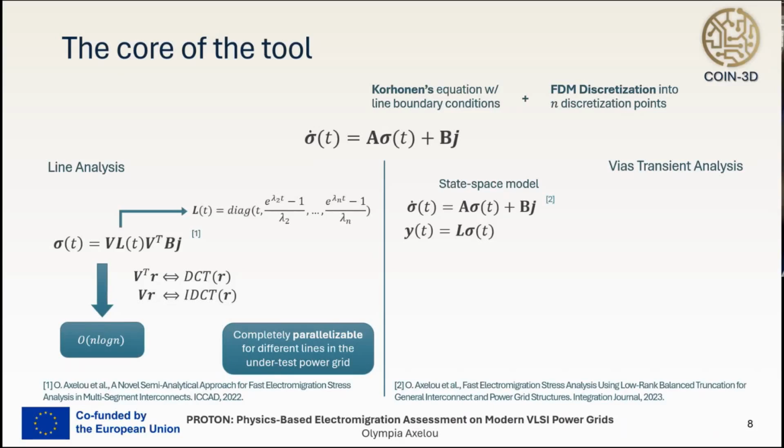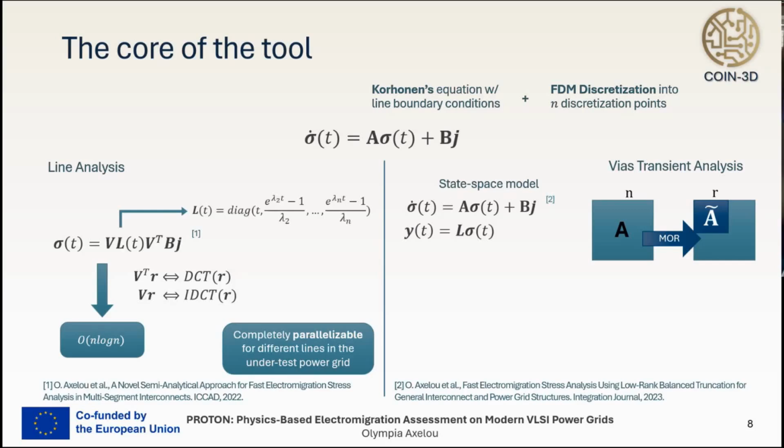And here, in order to do that efficiently, beginning from this state space model that our tool has, we employ an EKS, extended Krylov subspace model order reduction method, in order to lower the complexity of the system by projecting it to a much lower dimension subspace.